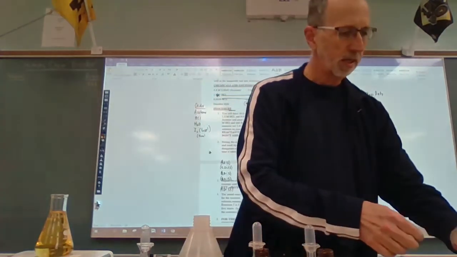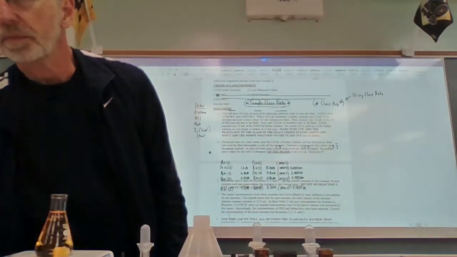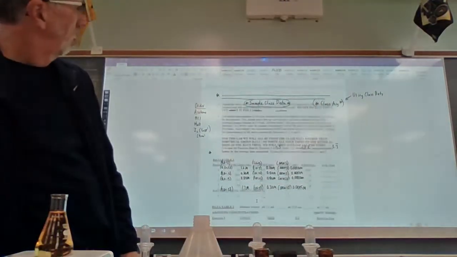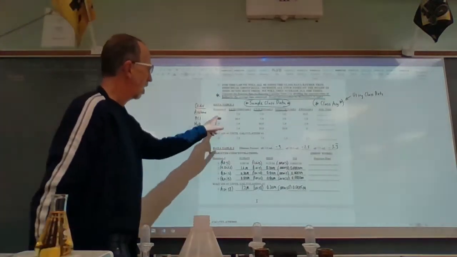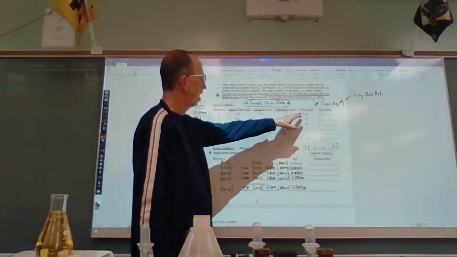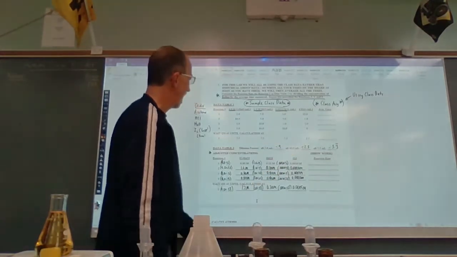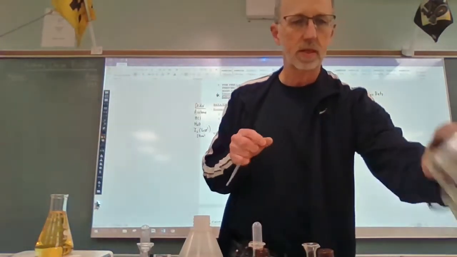So let me go back then to the data table. And there we go. And so here we are, reaction 1, 5 acetone, 5 HCl, 10 water, and 5 iodine in that order. All right, so I'll put my goggles on here.